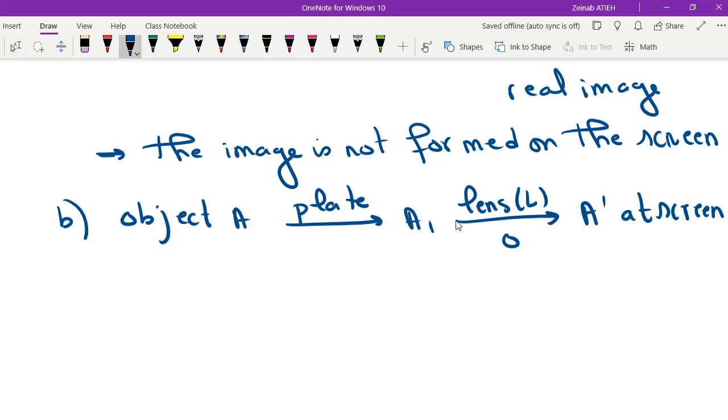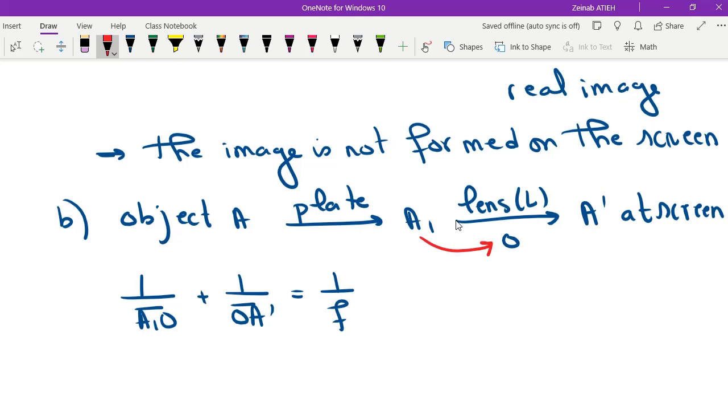I will start first with the lens formula, the second part of this relation. So 1 over A1O plus 1 over OA prime equals 1 over F. Remember that.